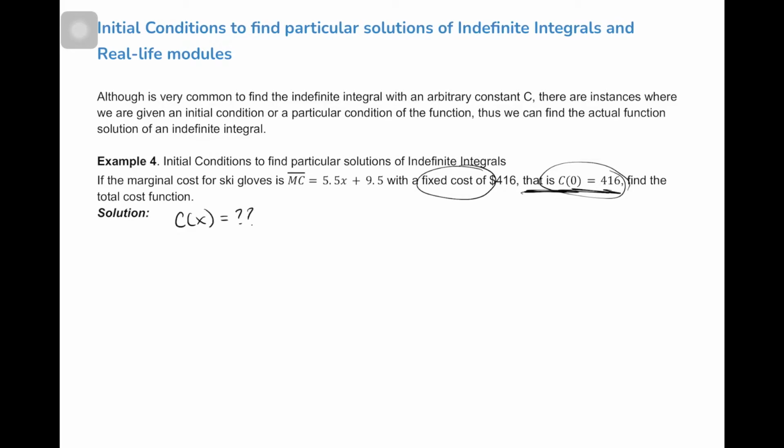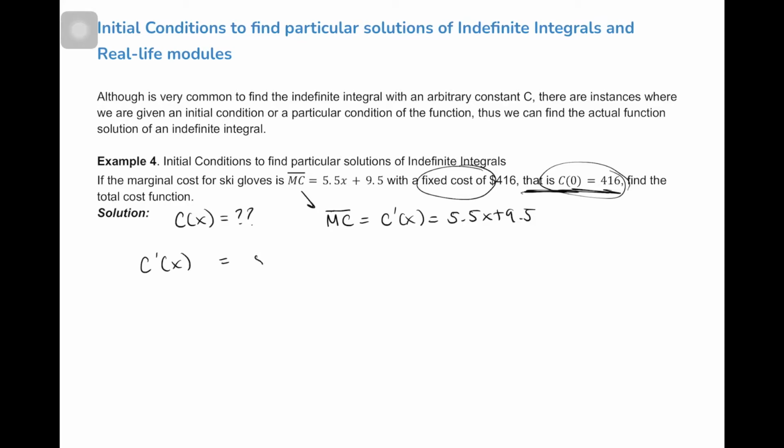So if we want to translate this, they're giving us MC bar, which is C prime of x. That's how we translate this. We're given this, and our goal is to find the original cost function.